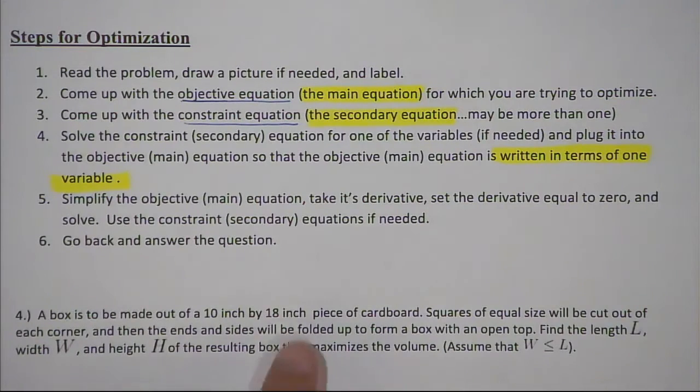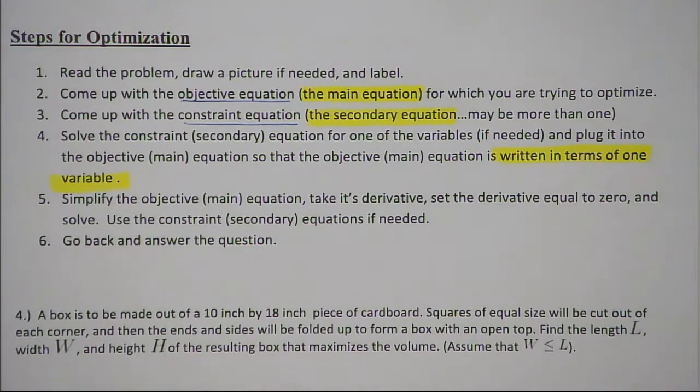In the video, Dr. Taylor calls the main equation the objective, and the secondary equations the constraints. That's fine if that's the way you've learned them. I just highlighted my words because I usually say the main or the secondary, since the main equation is the one I'm going to be working with most of the time.